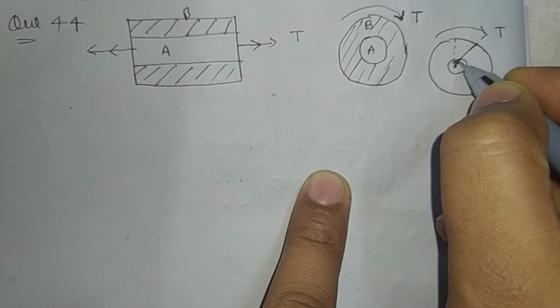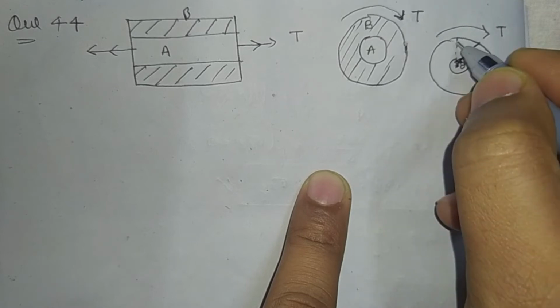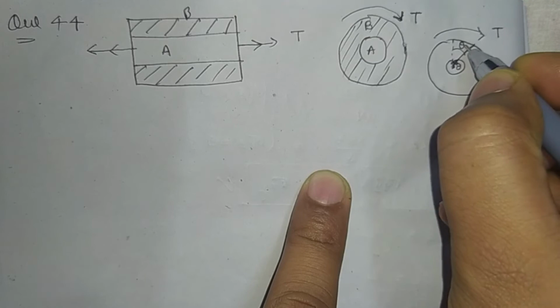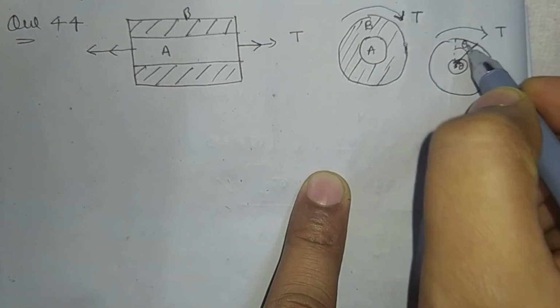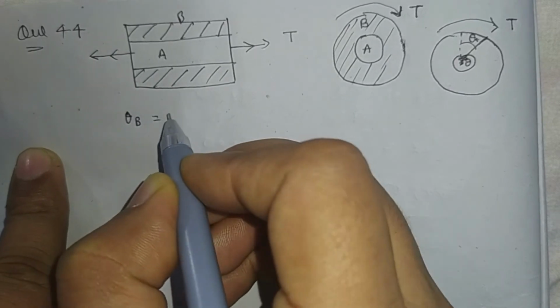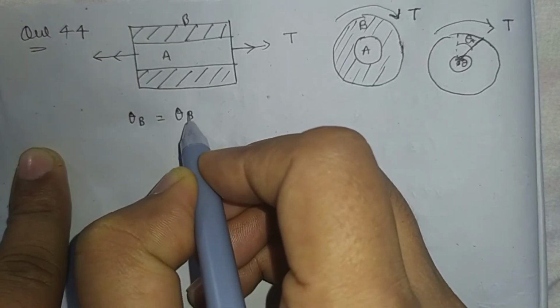The angle between these two lines, theta, will remain the same for both materials. Means twist in B will be equal to twist in A.